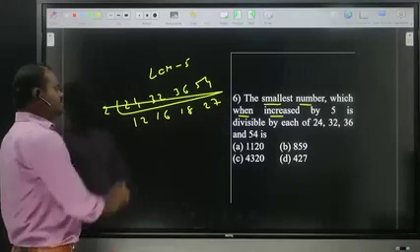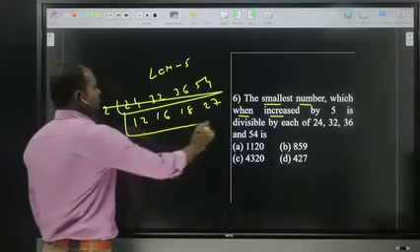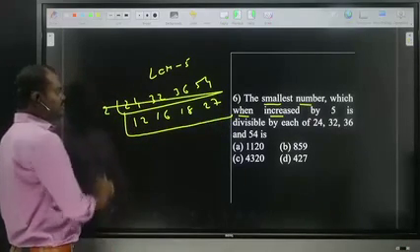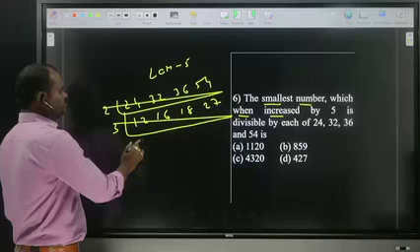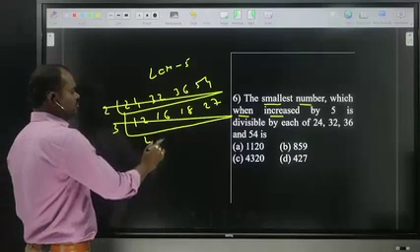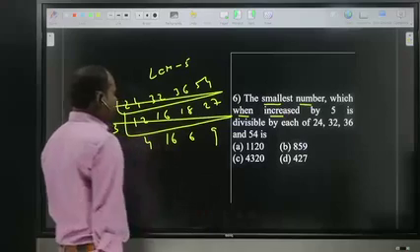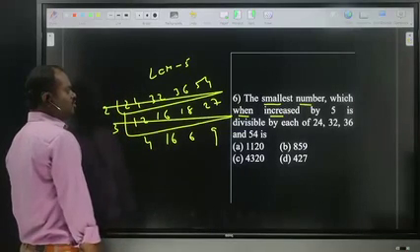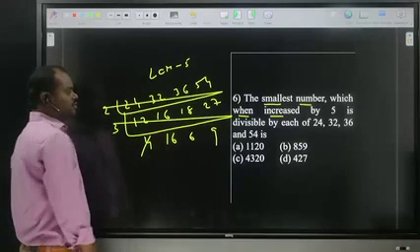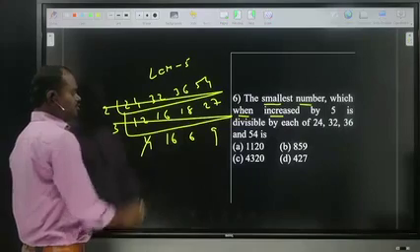We can't eliminate. Shall I move to 3 table? 3 4s, 16 we can't, 3 6s, 3 9s. Here we can eliminate 4, and that's it.